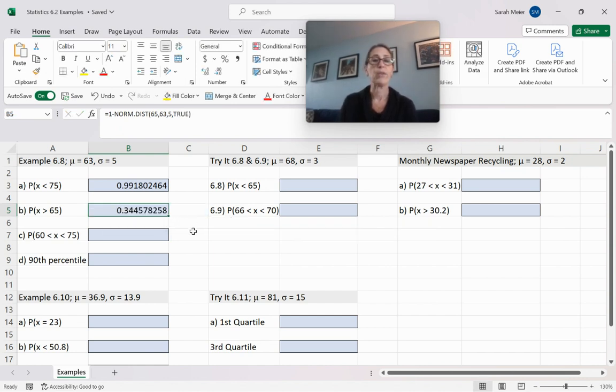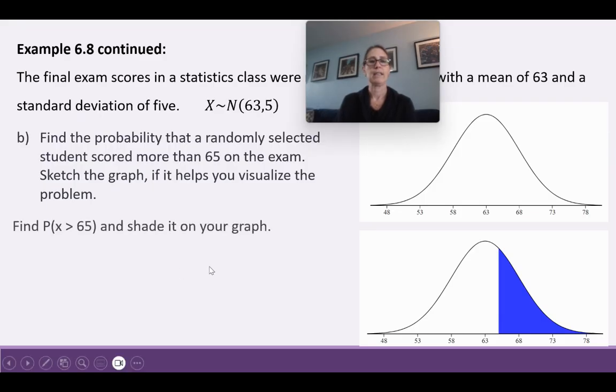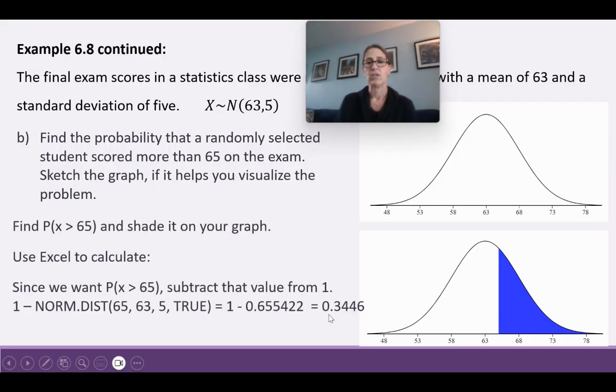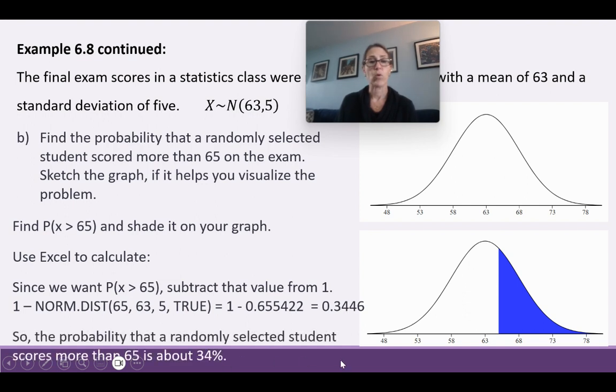We get 0.3446. So that's about 34%, and if you look at the graph, that looks to be about a third. So there's a little bit more than a 34% chance that a student will score more than a 65 on this exam.